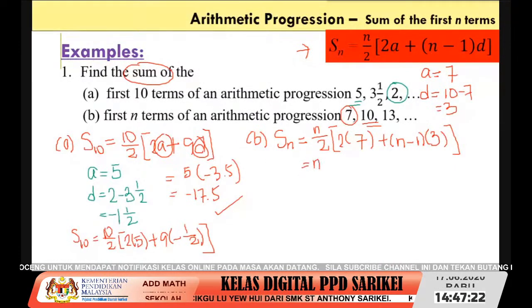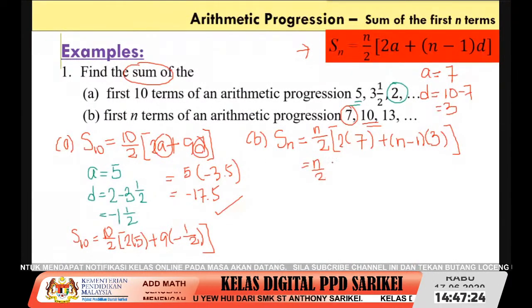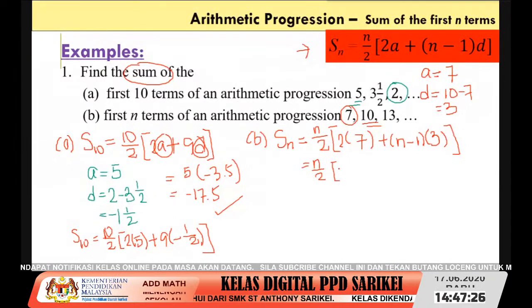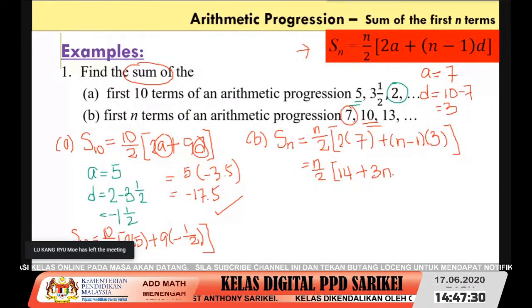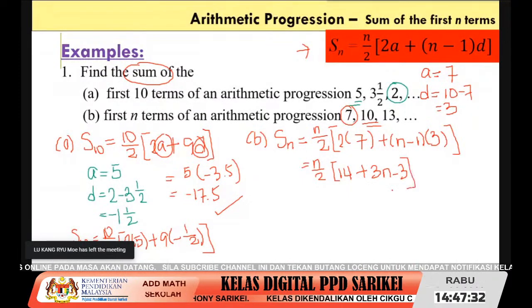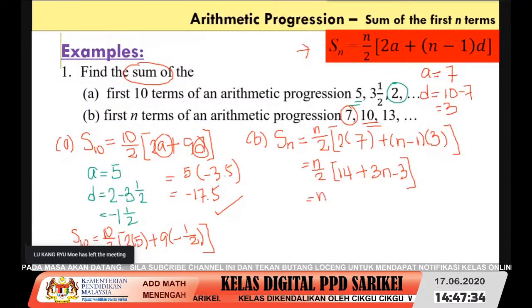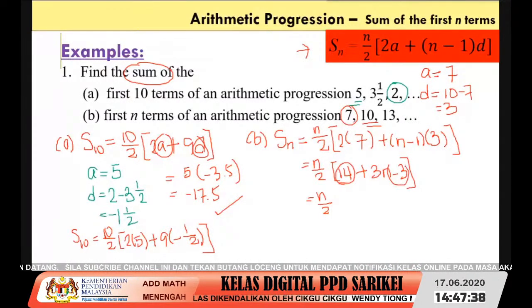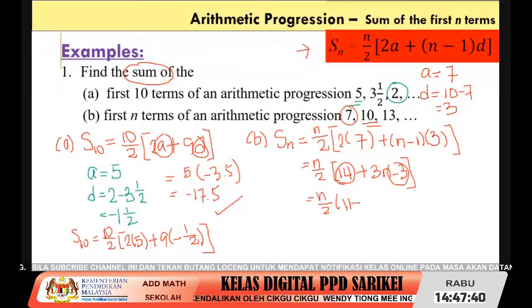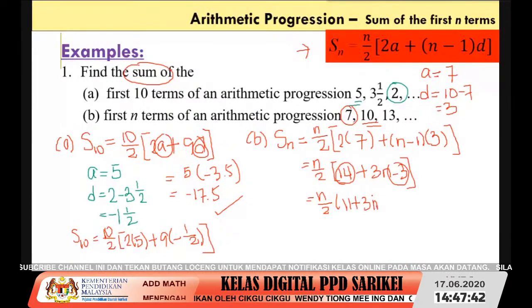So just leave the n there, it's not a big problem. 2 times 7 is 14, plus 3n minus 3. So next, n over 2 times 14, we do the numbers first: 14 minus 3 is 11, plus 3n.